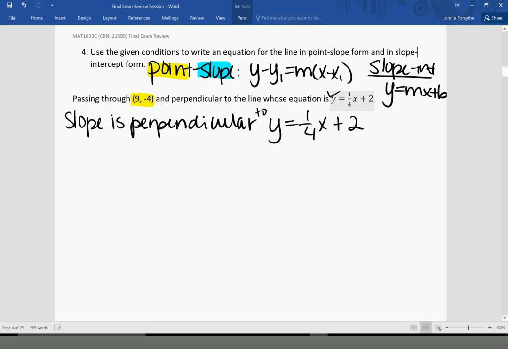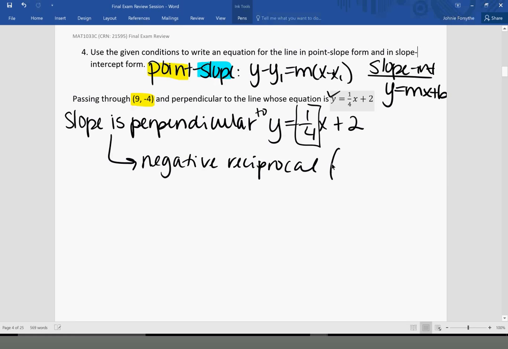So perpendicular lines have negative reciprocal slopes. This slope is 1/4, so the slope perpendicular to 1/4 is the negative reciprocal. Or you just flip and change the sign.